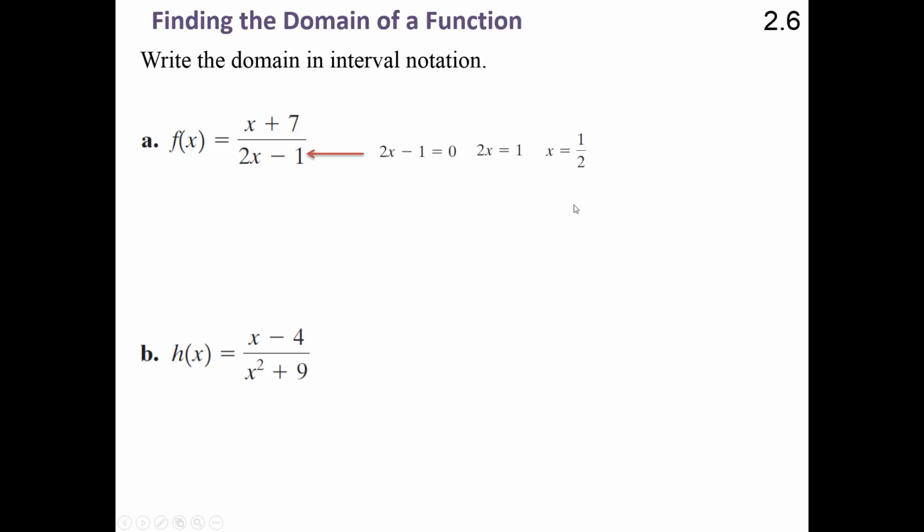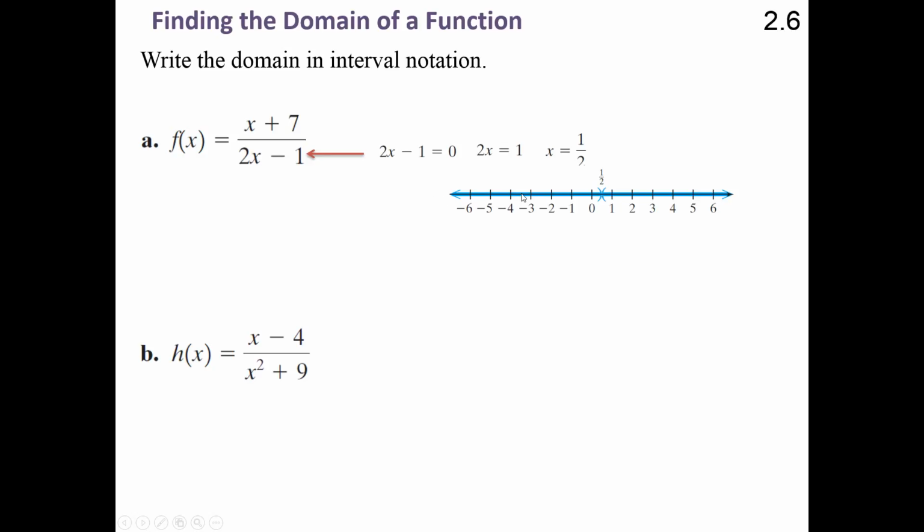So if that point's not in the domain of the function, what's the domain? Well, the domain is going to be all real numbers with that one single point removed. So you have two unbounded intervals that are the domain of the function. What is this interval?